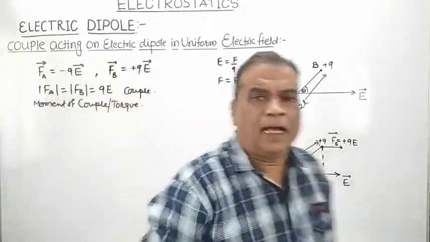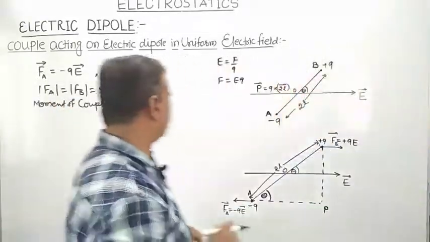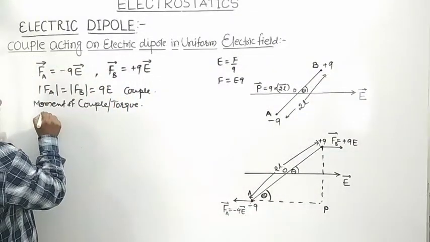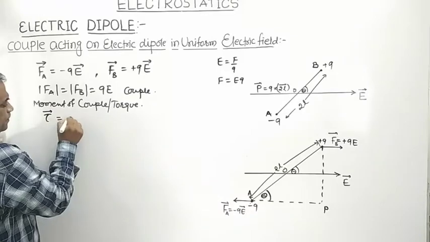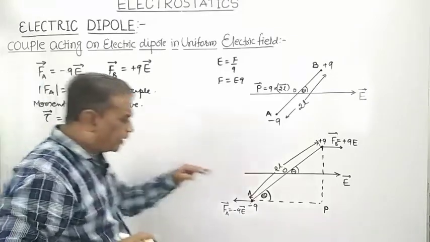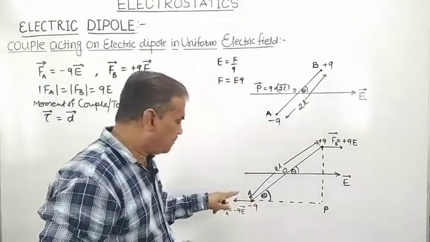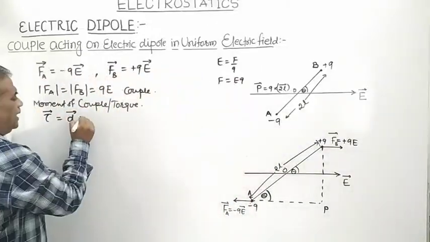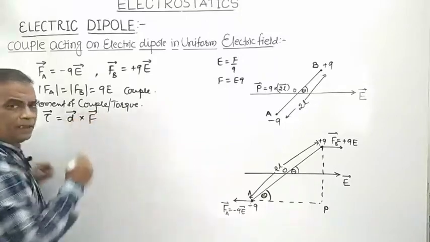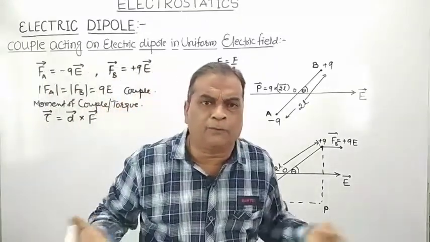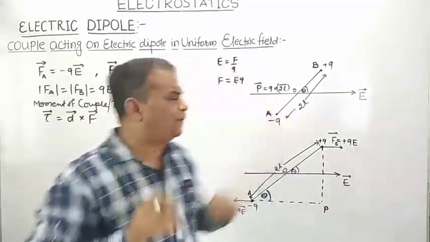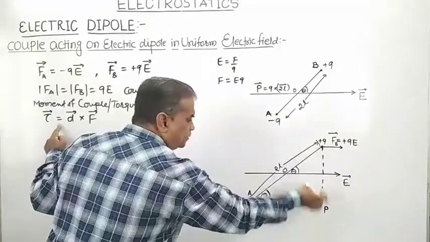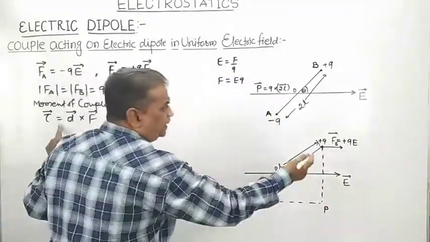Remember, as far as torque or moment of couple is concerned, torque is defined as the product of the perpendicular distance between the two forces, say vector D, and one of the forces. So torque is a vector, equal to the perpendicular distance between the two forces. What is that perpendicular distance here?